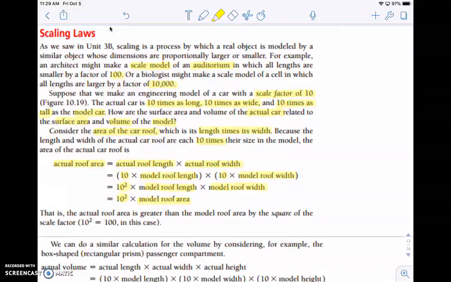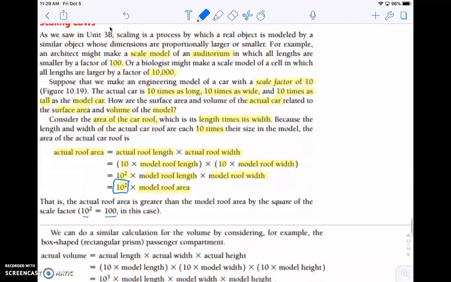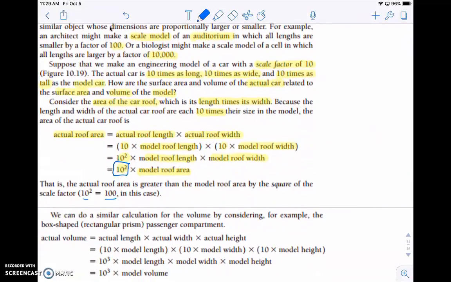So when we're scaling up areas, we take whatever that scale factor is and raise it to the second power. So our scale factor, 10 to the second, is 100 in this case when we're looking at the area. If we were looking at length, then it would be 10 to the first. If we're looking at volume, it would be 10 to the third. So it's all dependent upon the different dimensions that we are looking at.